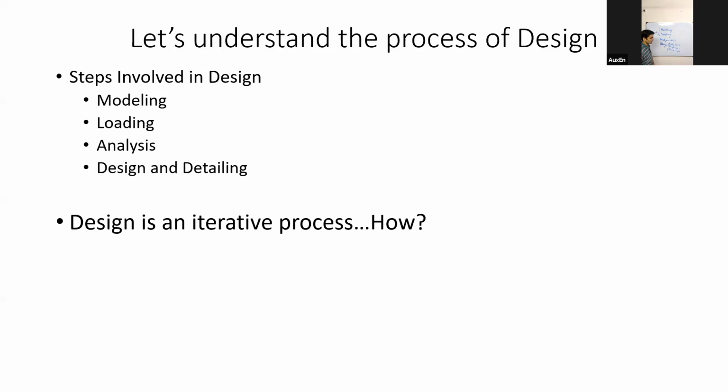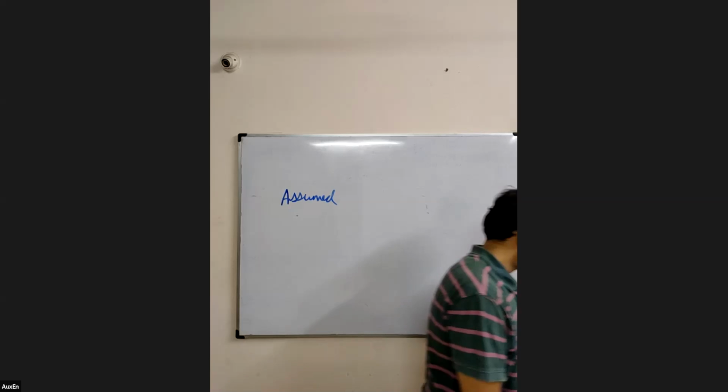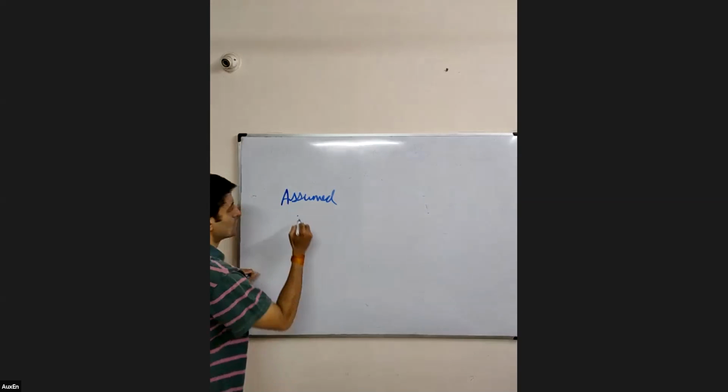So what is the iterative process that we are going to follow? That we are going to start with some assumed sizes. Okay. So I will start with having some assumed size. So I write that this is my assumed size. Okay. This is my assumed size.